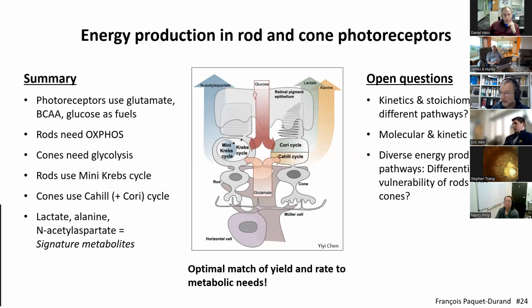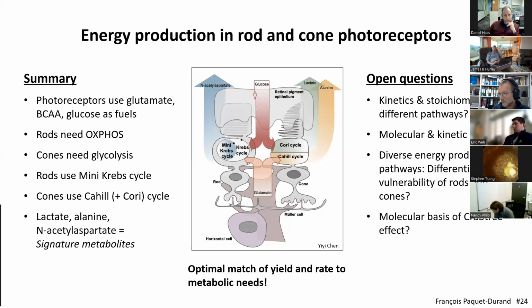Then eventually, would these different pathways allow us to explain the different vulnerability of rods and cones in different diseases? I'm working often predominantly on retinitis pigmentosa, where we have rod genetic defects, and then there's a secondary cone degeneration that nobody really understands why it happens. Does it perhaps have to do with the energy metabolism and some sort of metabolic support from rods?